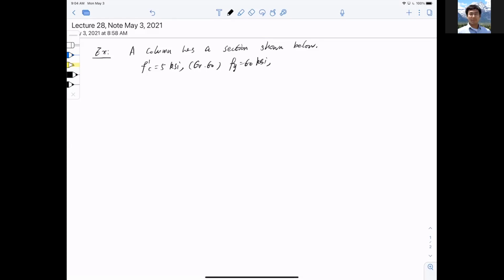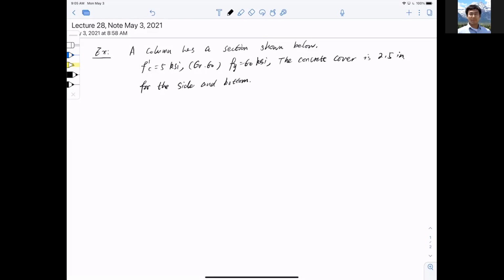And it tells you that the concrete cover is 2.5 inch, and this is not only from the top and bottom, but also for the side. So for the side and bottom, right? All directions, concrete cover is 2.5 inches.